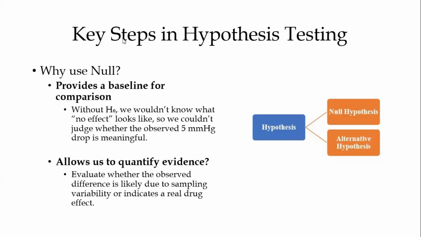Although I've put that in a question mark, because as we explore this concept of null hypothesis significance testing, we'll appreciate that this method by Fisher does not really distinguish real drug effects from random variation.